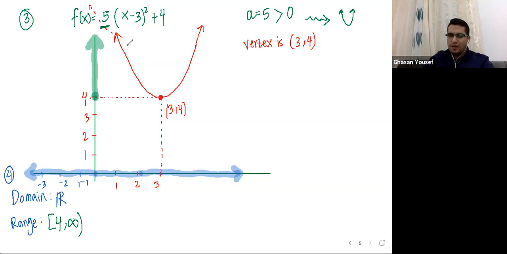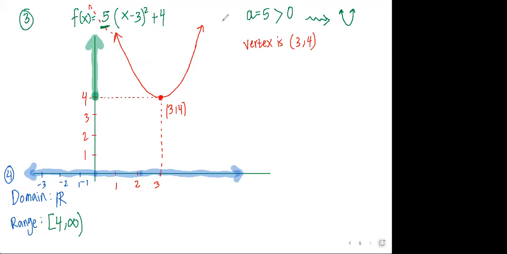I mean, if you want to find the root, like you said, you cannot find the root. You cannot find the value if you want to find the x-intercept. To find the x-intercept, you have to make f of x equal 0, right? When you make f of x equal 0, you cannot find a solution for this. So what do you call this?